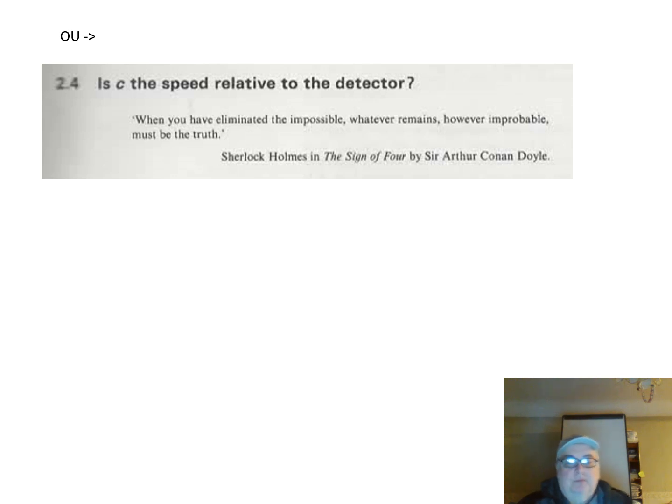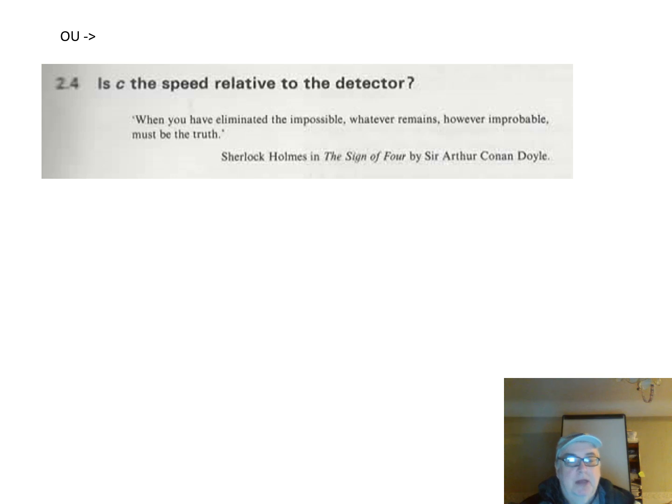So what Open University is trying to do is to eliminate all the other possibilities for the empirical evidence and say it is special relativity that is the answer.